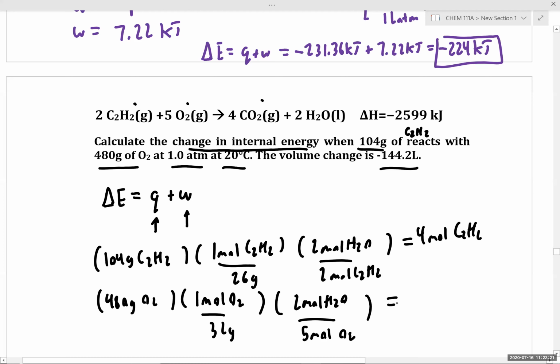And that in turn gives us 6 moles. Oh, sorry, this should be moles of water. 6 moles of water expected.